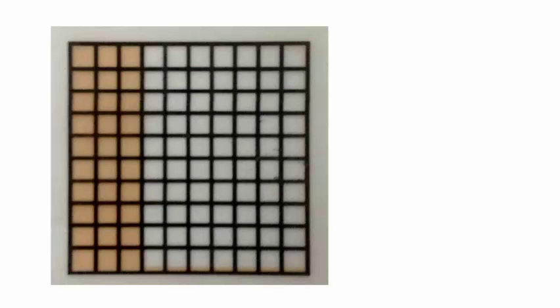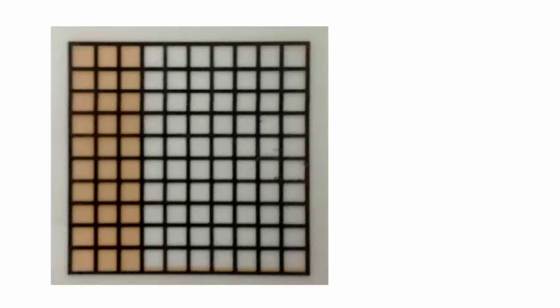By just looking at the model, we will not be able to determine the shaded fraction. However, if you place your 10 by 10 butter paper grid on this model, you can find relations between fractions, decimals, and percentage.